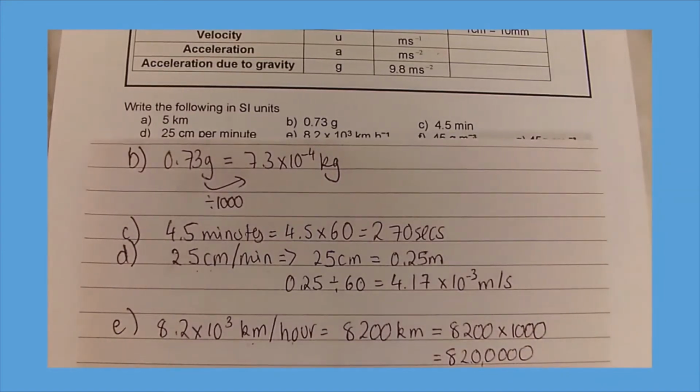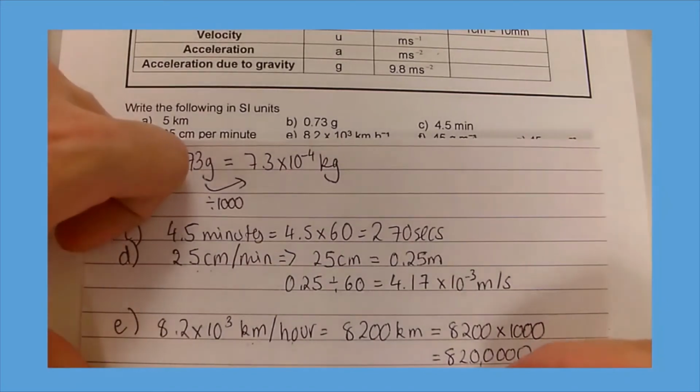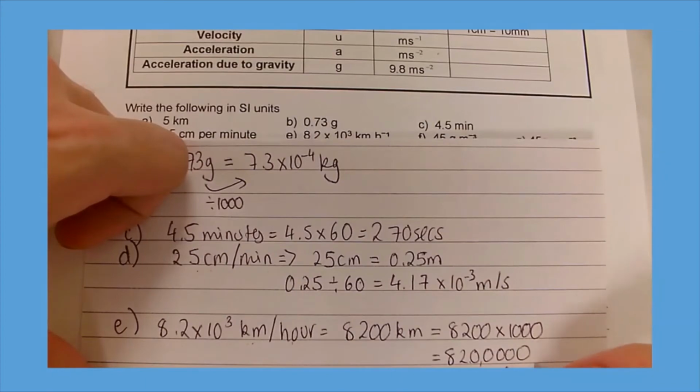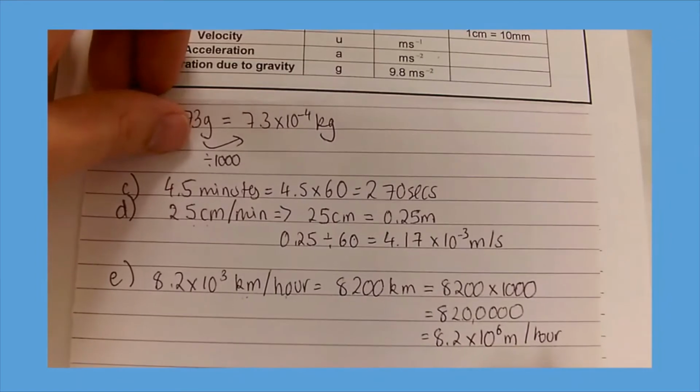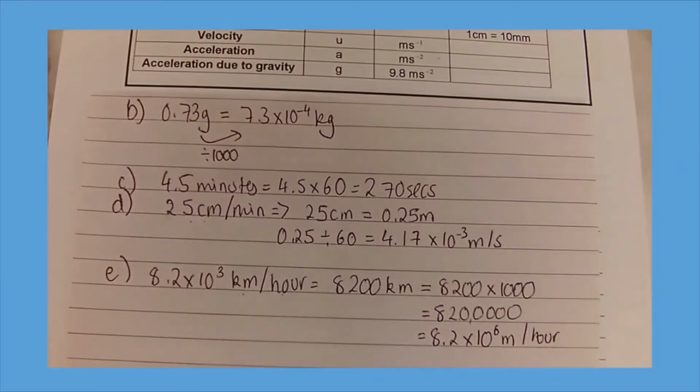We had 8.2 times 10 cubed times 1,000, so 8.2 times 10 cubed times 10 cubed, because 1,000 is 10 cubed. So it's going to be 8.2 times 10 to the power 6 meters per hour.